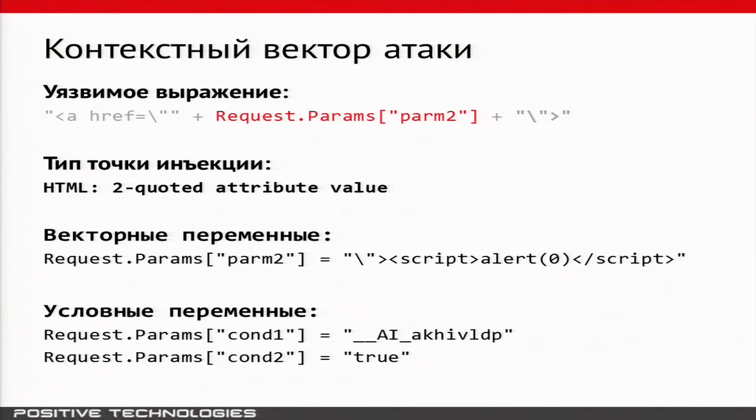The value of entry point that will give us an attack. The context vector is not an HTTP query, but there's a restriction for the symbol context. We see the injection type, the attribute, and the vector variable is the one that gives us an injection.